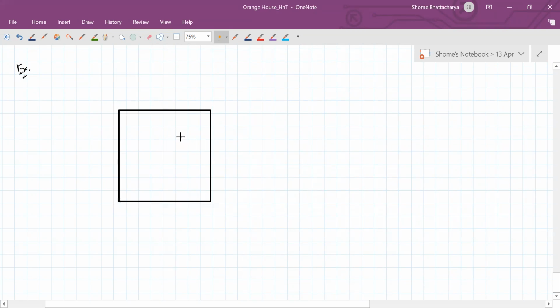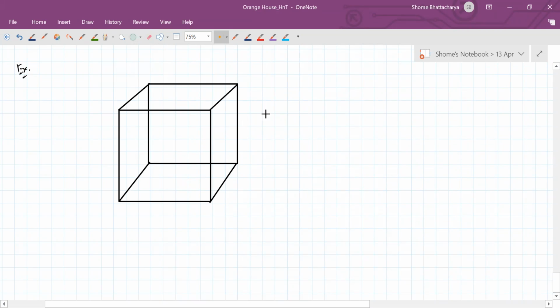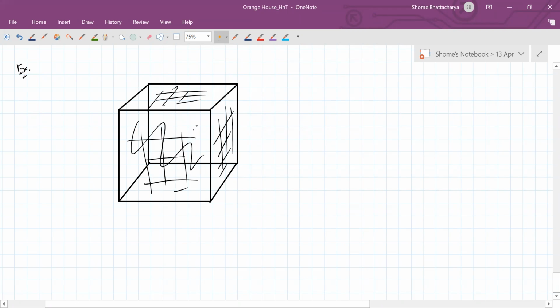So suppose we have a solid metallic cube like this. So a solid metallic cube of dimension L by L by L, where L is, let's say, 50 centimeters. Okay.